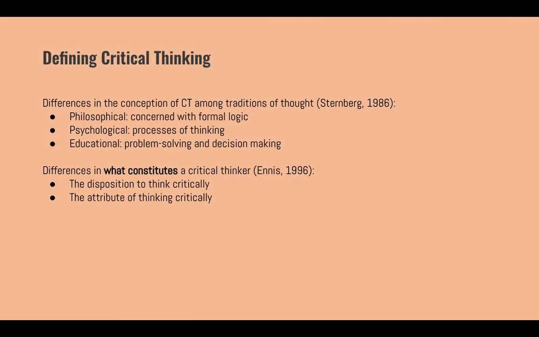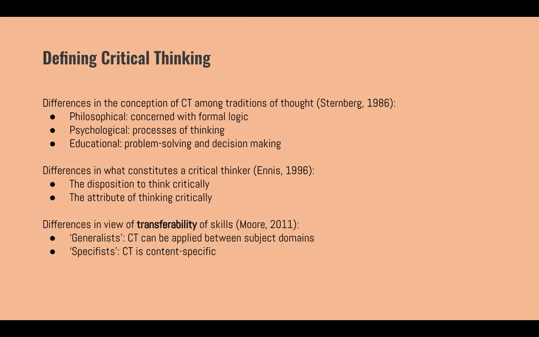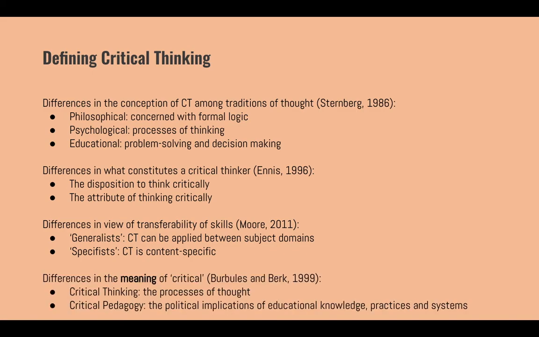Another is what a critical thinker is or does. This one is about whether critical thinking is a general skill or differs according to the topic you're thinking about. And finally, sometimes critical is used to describe an engaged way of thinking, and sometimes is an adjective denoting a more politically oriented approach.